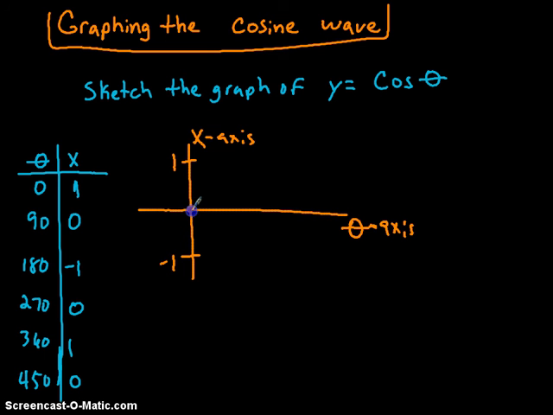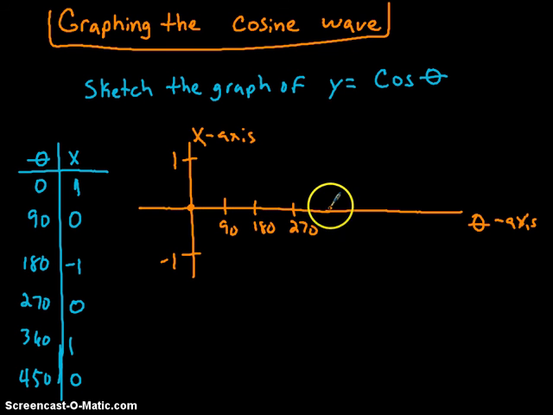So this of course would be 0. This would be 90, 180, 270, right about here would be 360. And then I'll try to make this equally spaced on the lines. So right about here would be 450 degrees. All of these are degrees.